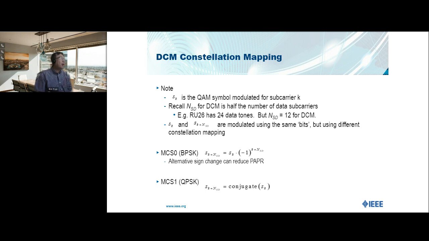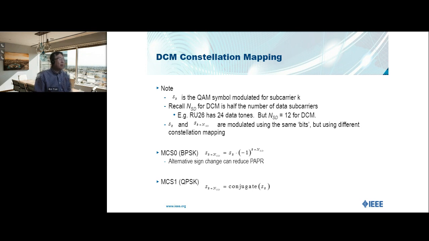For example, S_k is the QAM symbol we send on subcarrier k. Suppose S_k is BPSK modulated; with duplication for the DCM transmission, there is a tone a certain distance away with a rotation of (-1)^(k) times S_k, with NSD. So in other words, it's not exactly the same repeat as the previous one, but has this +1, -1 alternating.